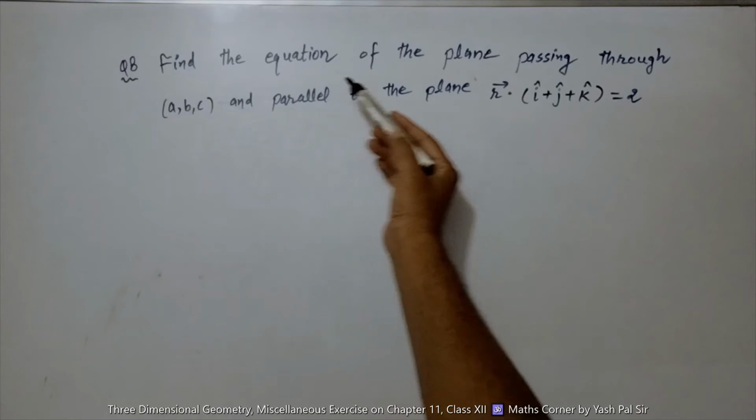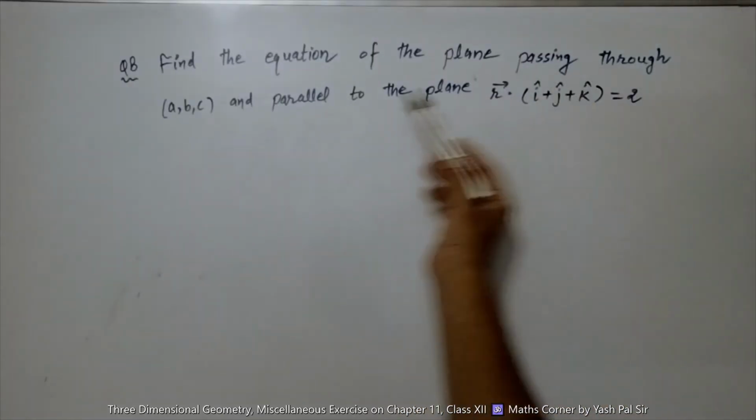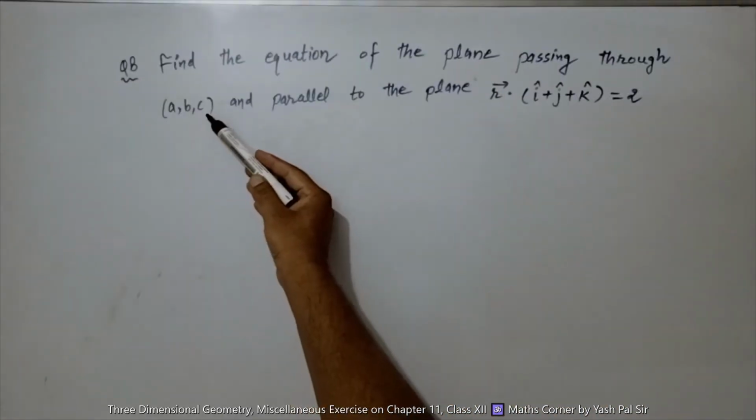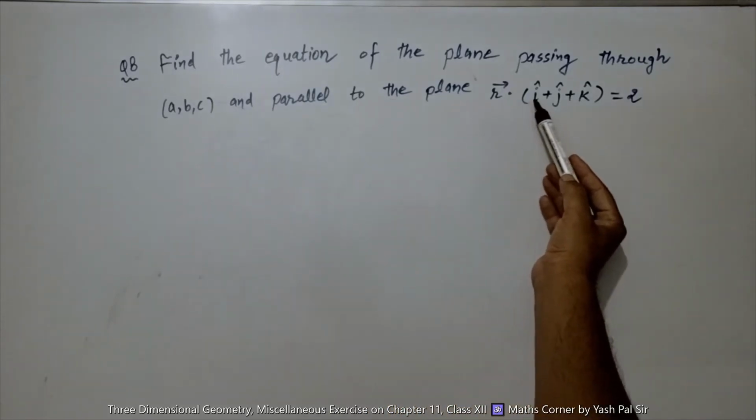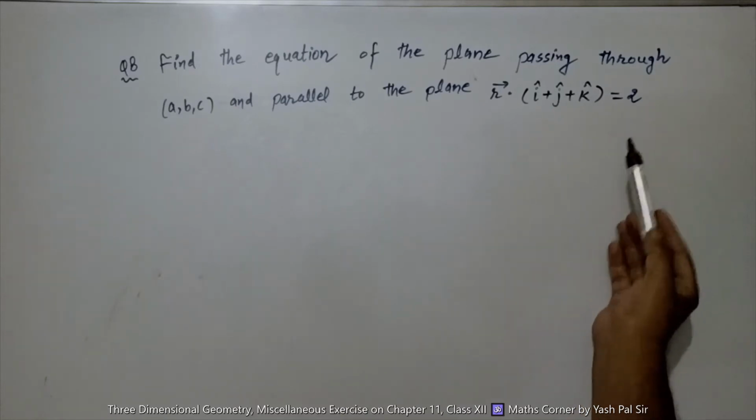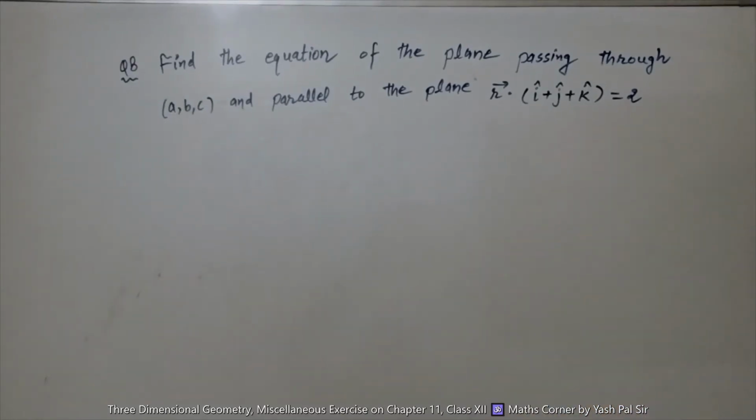Next question, question number 8. Find the equation of the plane passing through the point (a, b, c) and parallel to the plane vector r dot (i plus j plus k) is equal to 2.